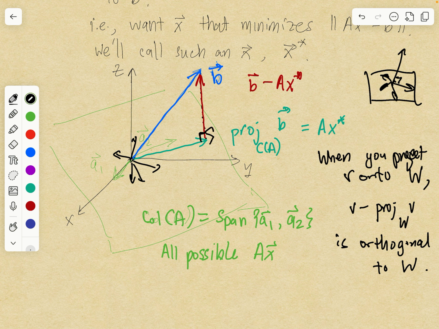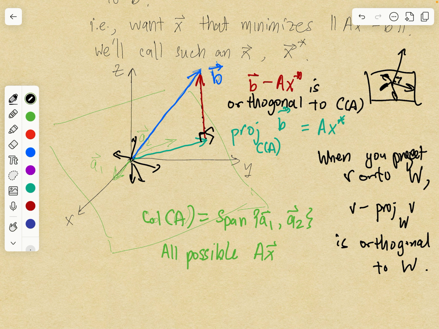And that's where this stuff I was talking about before comes in, because now we see that this vector B minus A x star is orthogonal to the column space of A. That's this green subspace.